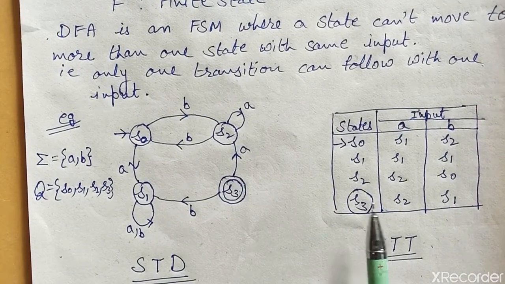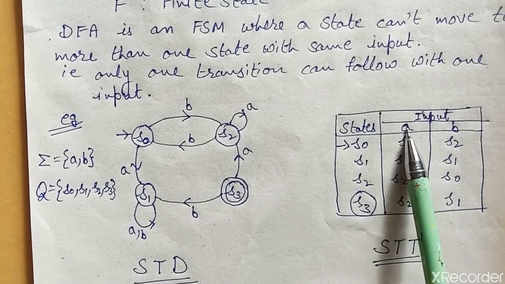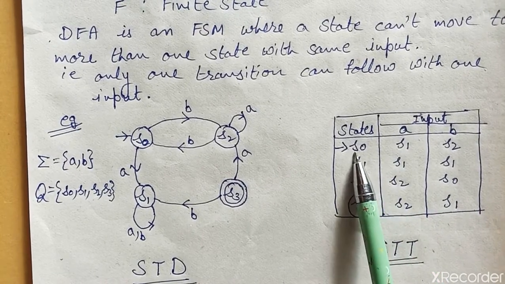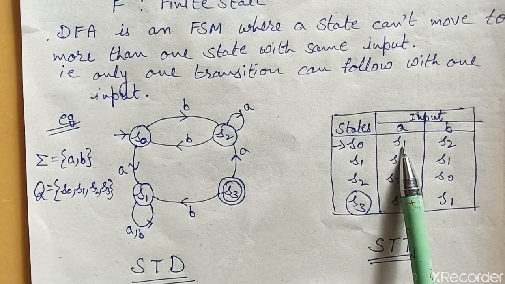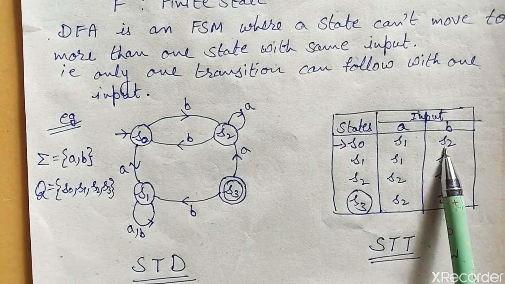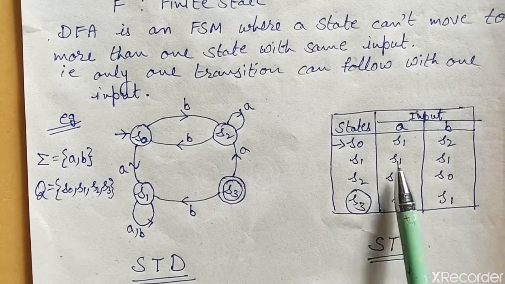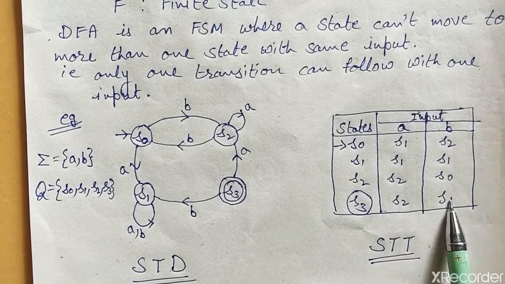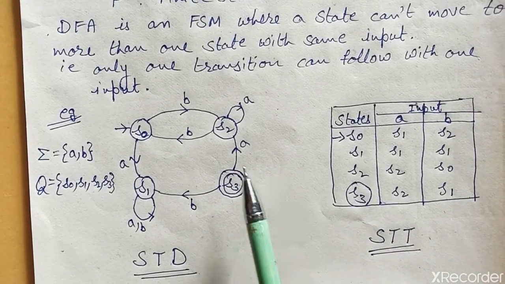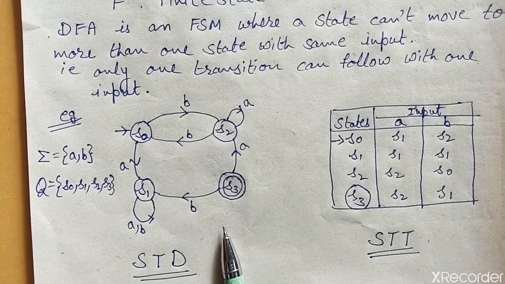So let me explain by state transition table. Now with this input A, S0 moves to S1. So there is only one transition. With B input, S0 moves to S2. So there is again single transition. Similarly, everywhere we have only single transition, only one transition. So that's why this finite automata is deterministic.